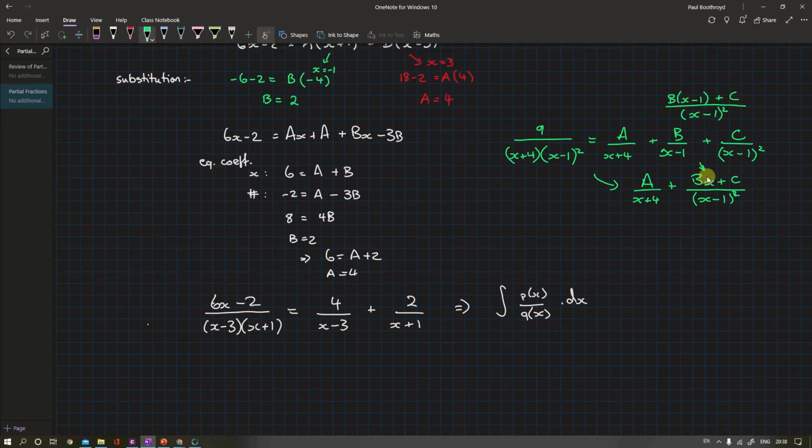And these would be a different b and c to this one, but you would get a similar expression. Okay, so you've got that technique, but you've also got this technique here, which can be nicer when we're dealing with integration. That's why they're showing us this method, so we can do integration with it.